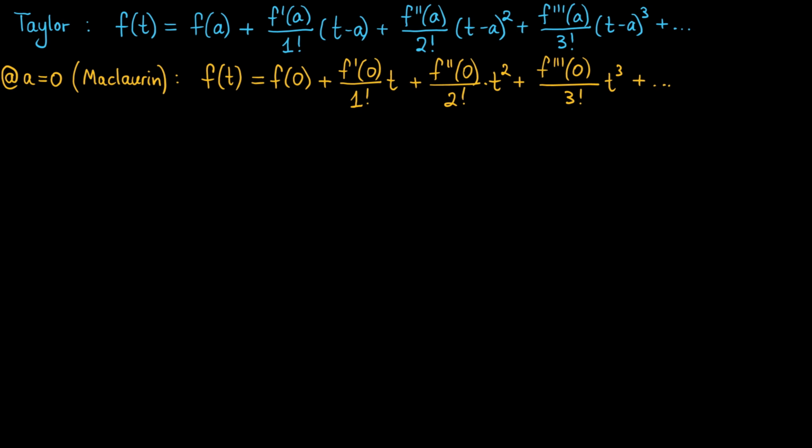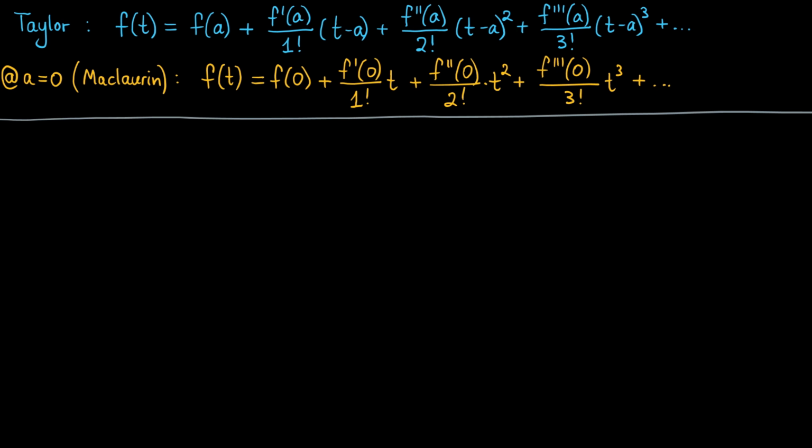Now suppose that one sunny day we were fortunate enough to be contemplating the function f of t, which is e to the power of tx. And how might we have arrived at it?